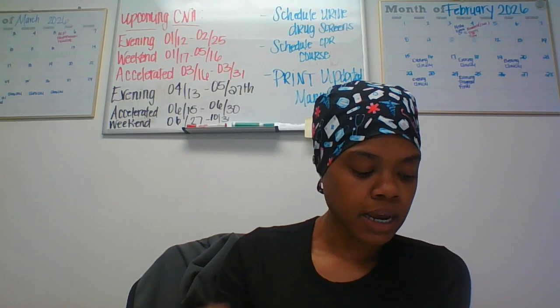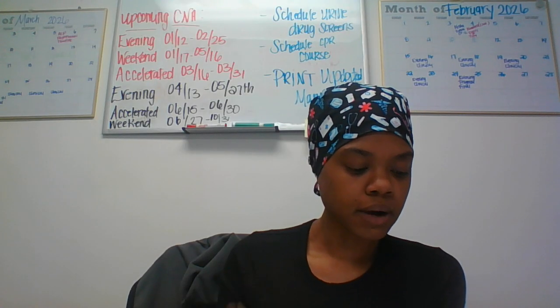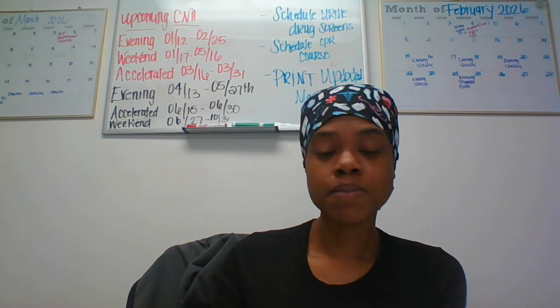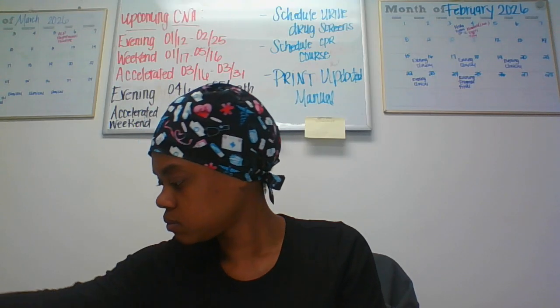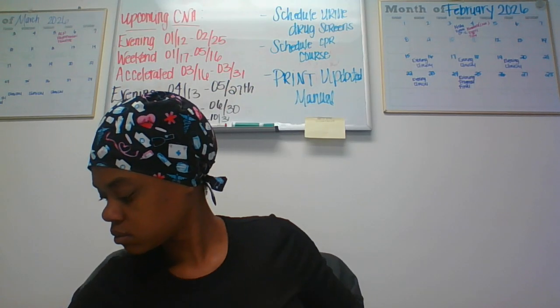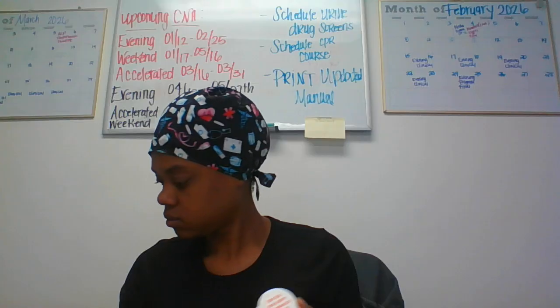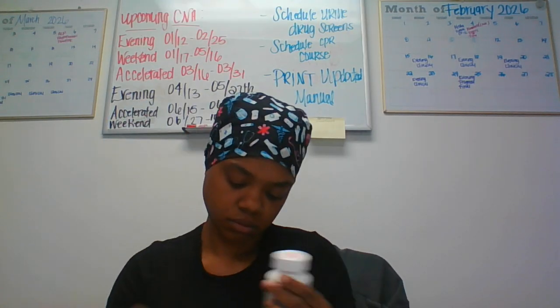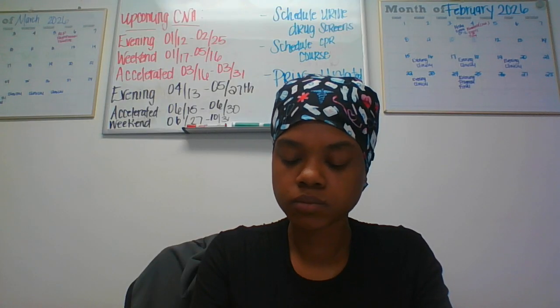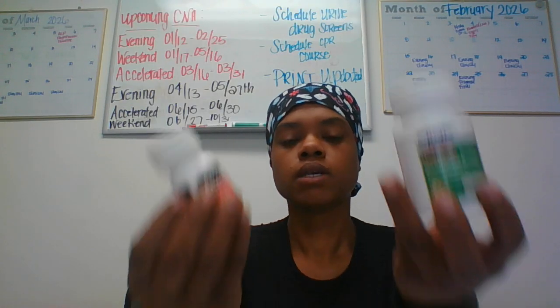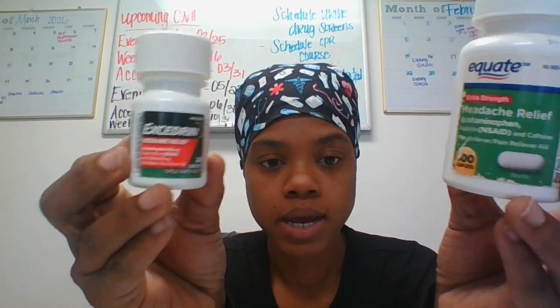We are looking into generic versus brand names. Your generic name deals with the chemicals. The brand name is just a name that is used for marketing that ties it back to a company. So just for an example here, these are 2 different brands.